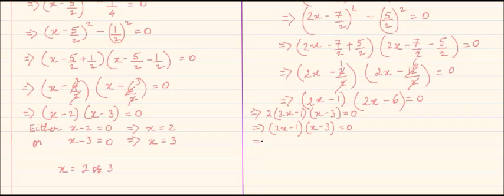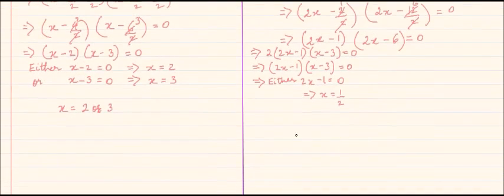So this implies either (2x − 1) is equal to 0, implying x equal to half, or x − 3 is equal to 0, implying x equal to 3, right?